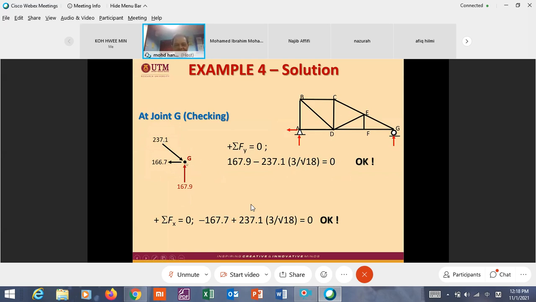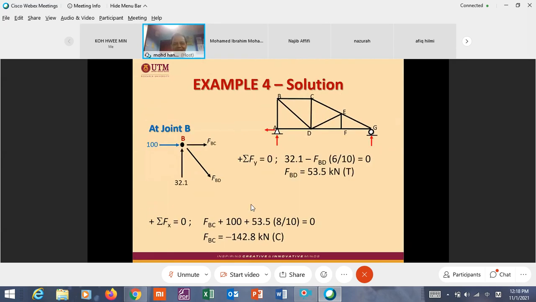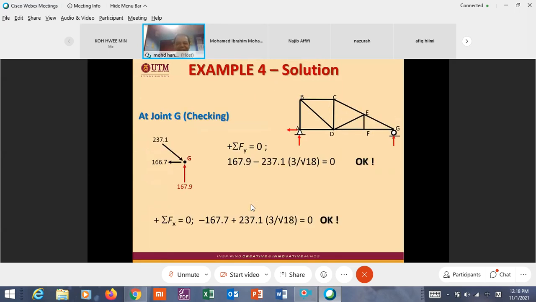If it is not in equilibrium, that means there must be something wrong in your previous calculation, and you have to check again from the beginning. So it is very important for us to check joint G.